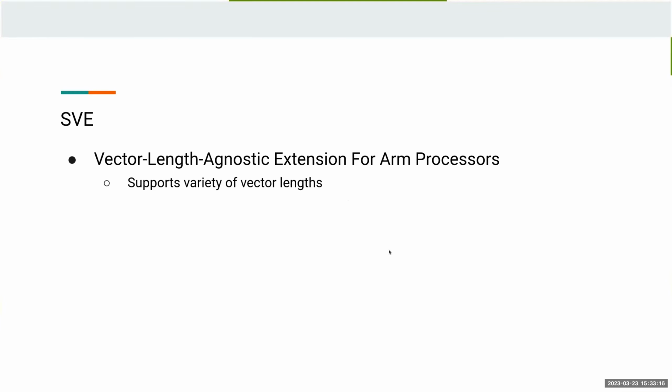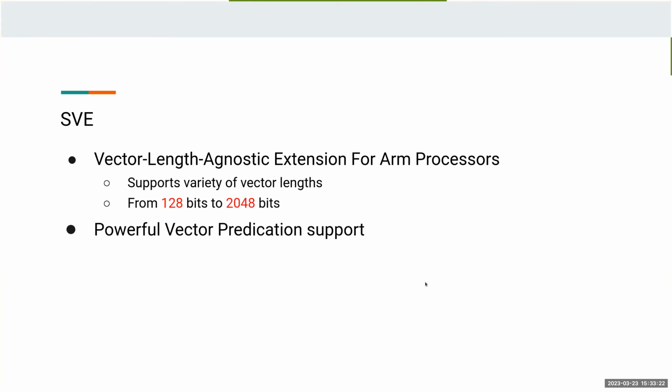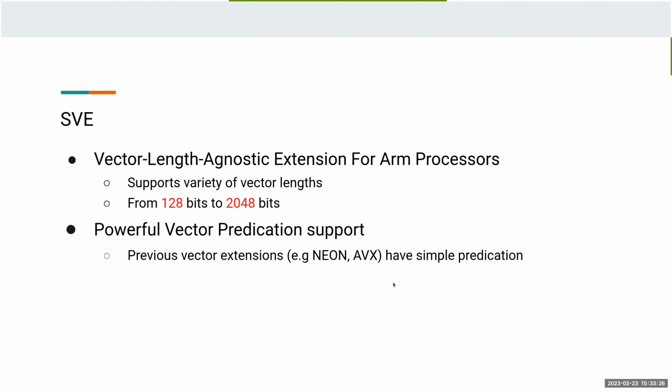It supports a variety of vector lengths from 128 bits to 2048. It has powerful vector predication support. Previous vector extensions, such as Neon for ARM and AVX for x86, had simpler predication support.